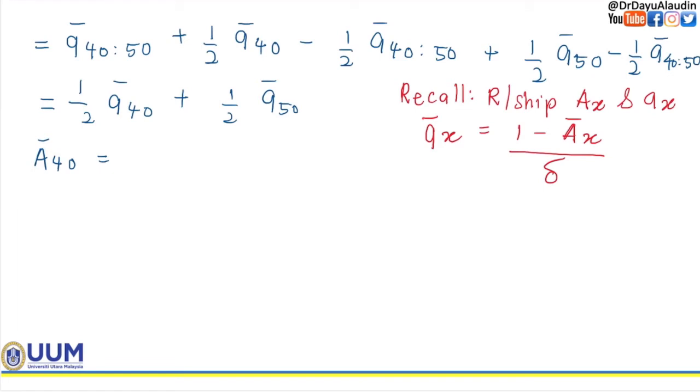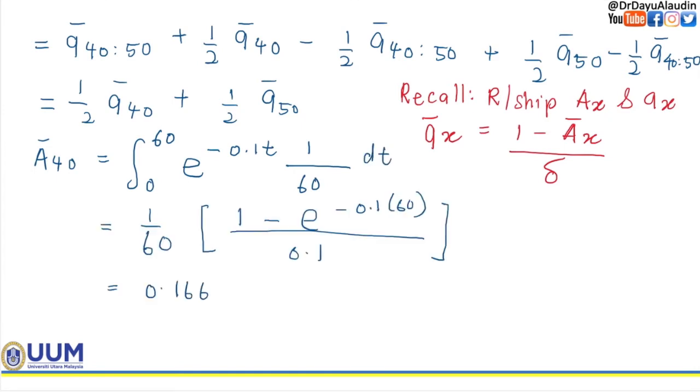For De Moivre's law, the upper bound is omega minus X. The VT is e to the negative delta T. And the PDF is 1 over omega minus X. Then we can find the annuity.